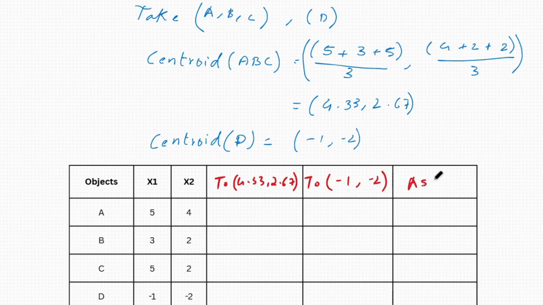And the assignment: from A to centroid ABC is 1.49, and from B to centroid 1 is 1.49.